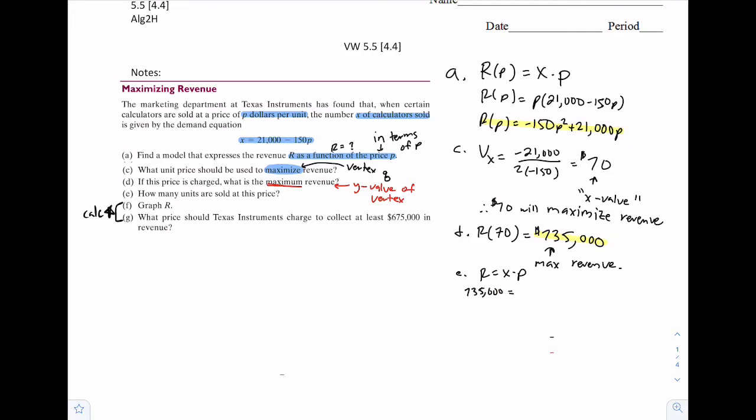We don't know how many units were sold, but we know that each one of them was sold for $70. There's our nice equation. We'll divide by 70. So X is going to be 10,500, and that's going to be units sold.